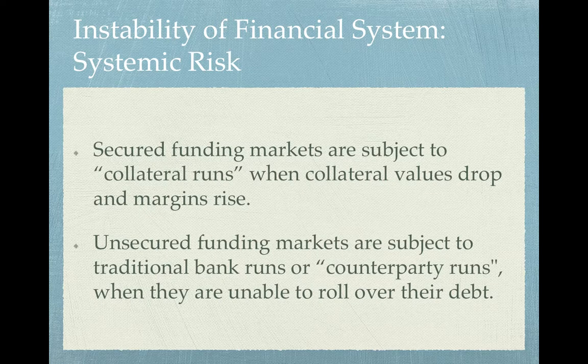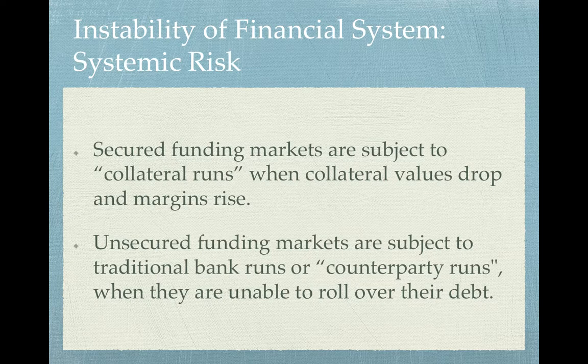And the second way systemic risk could be created is by thinking about how the instability of the financial system expresses itself in the unsecured funding markets. These markets basically behave like traditional bank runs when they're subjected to the instability.